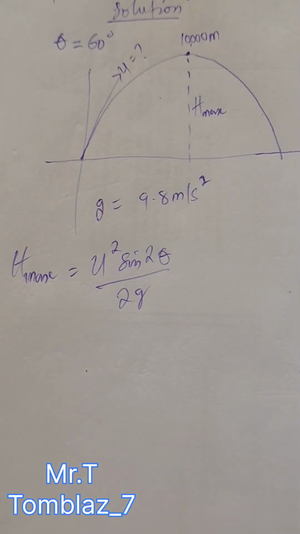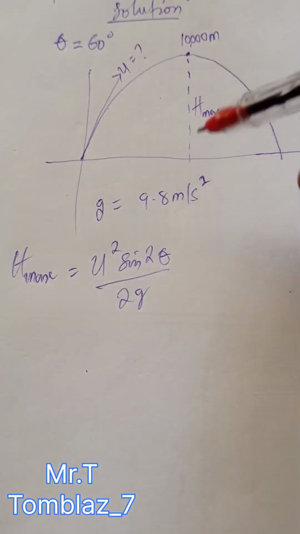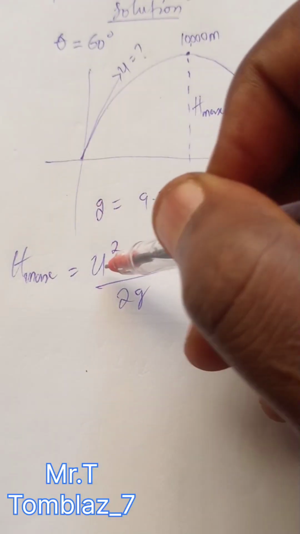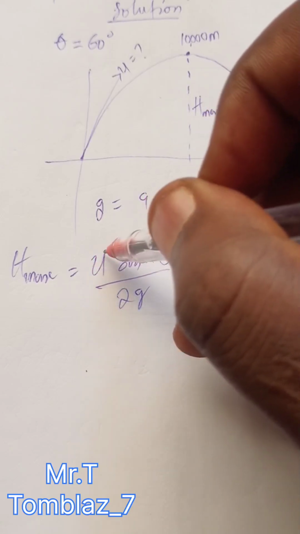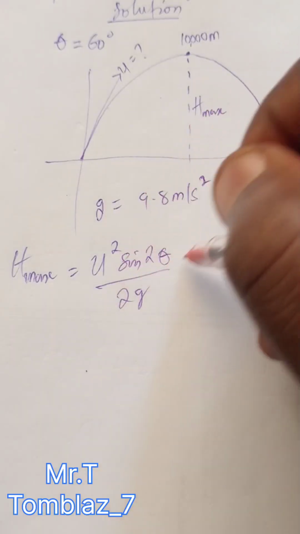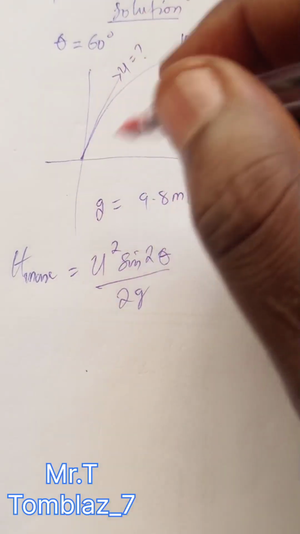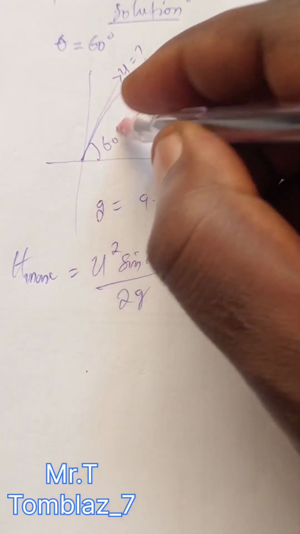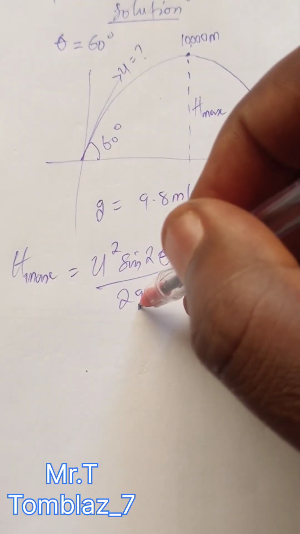Based on what we have, our maximum height is given as 10,000. The initial speed U is what we're going to be looking for, while the angle of projection is 60 degrees, and then our acceleration due to gravity is g.